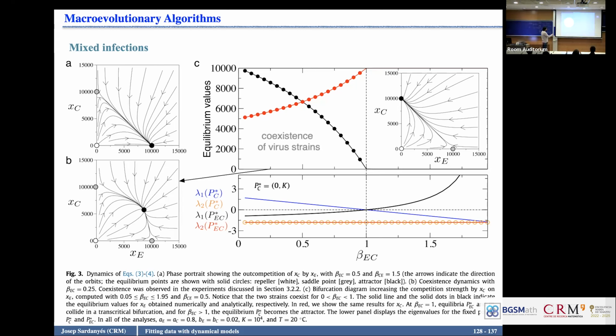And this is when beta EC is bigger than 1, and you go here. Okay. Usually what you have is that this point moves towards this point or towards this point, and you have a transcritical bifurcation. Here you have the other case. So I have studied this model.